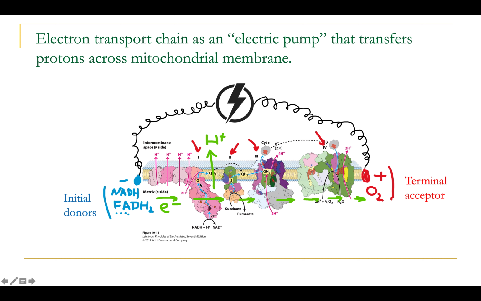And in the case of the electron transport chain, these materials are single atoms, protons, that are pumped across the inner mitochondrial membrane.